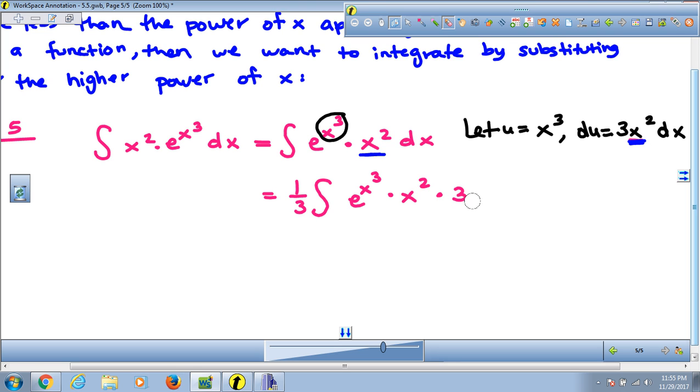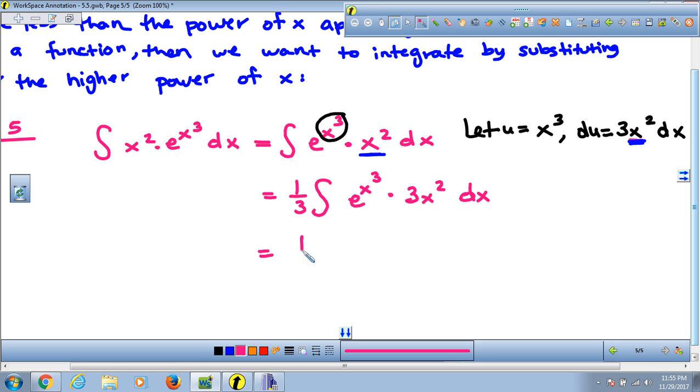I just did it like this for you to see that x squared and the e raised to the x to the third, the x squared are these two things that were already there. This times 3 is just adding this piece of the derivative that I was missing. So let's put it like this, times 3x squared, and we just leave it in terms of dx right now.